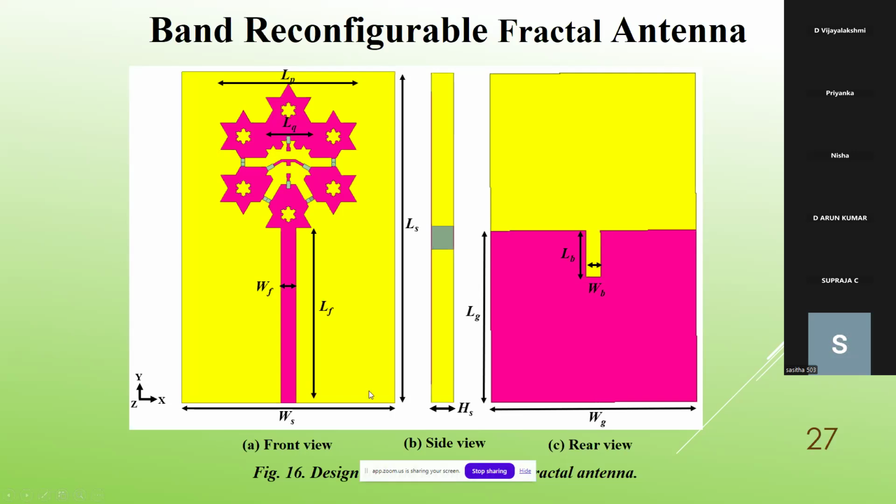This is the front view, the second is the side view, and the third is the rear view. The rear view is a partial ground where we can put a slit. The slit will help with bandwidth enhancement, as well as proper mutual coupling and improvement in gain.